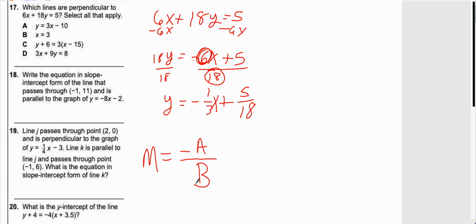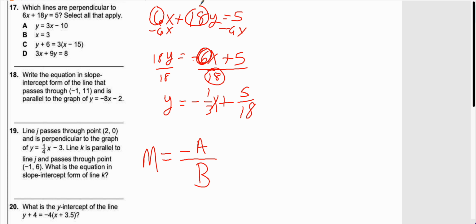We don't care about the rules for standard form at this point because we're no longer in standard form. We put it into slope-intercept form. All I need to do is identify what 2 letters would be in the A and B position. So in standard form, I can just take the A value over the B value and make it negative, and that's my slope.